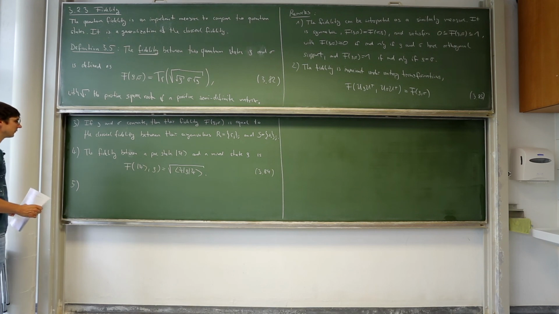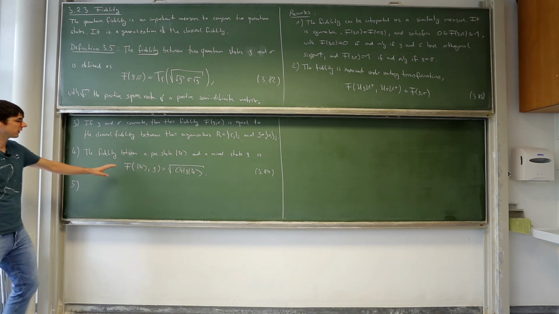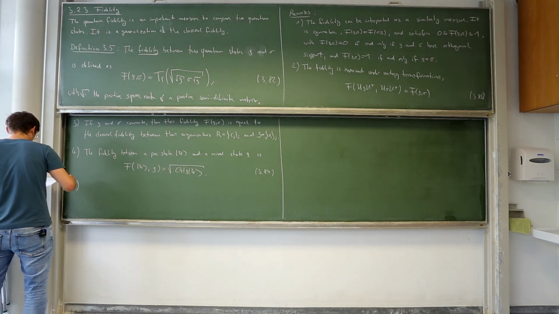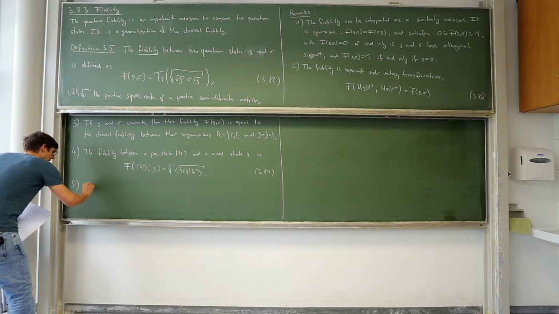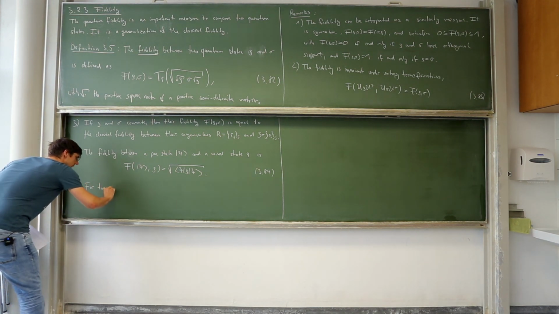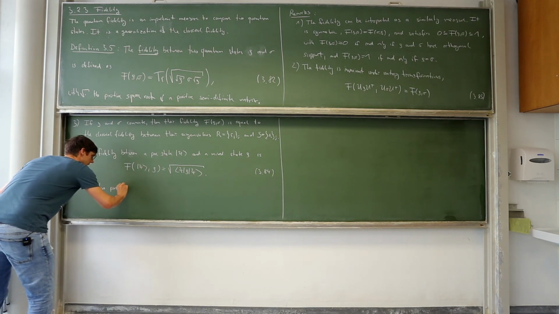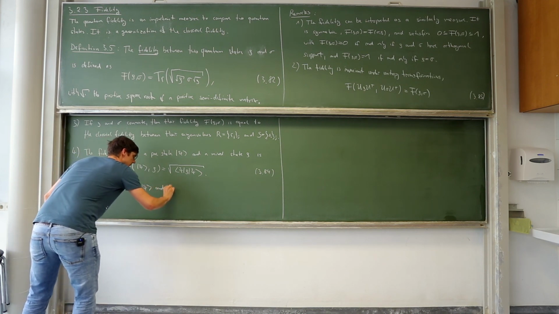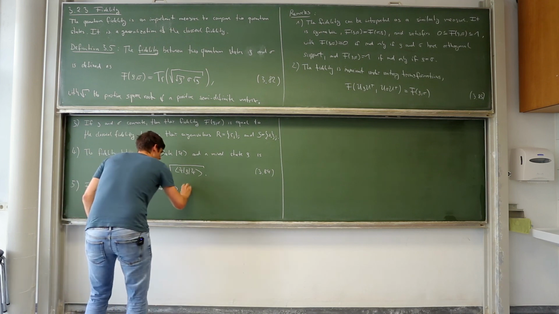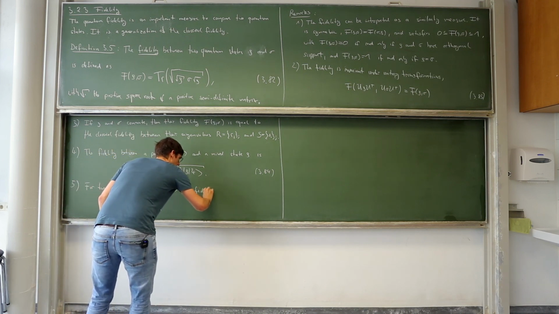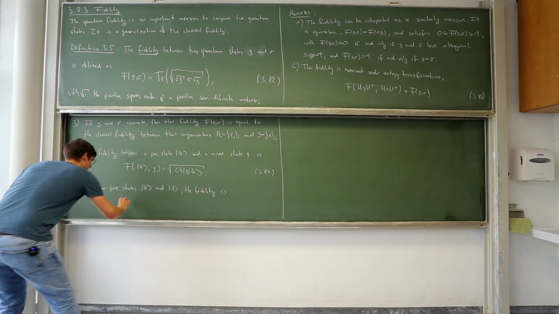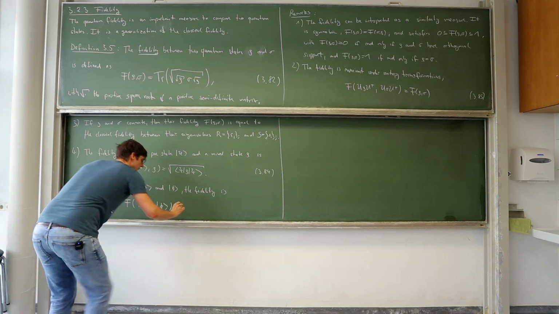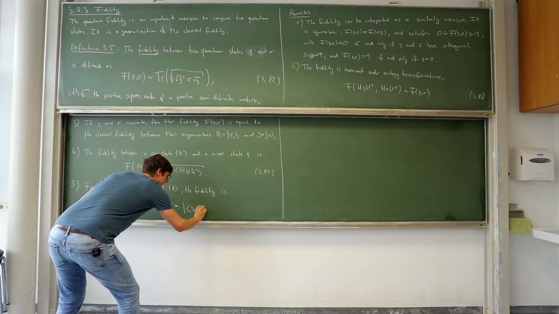And then the fifth remark is what happens if we compare two pure states. Then it gets even simpler. For two pure states, psi and phi, the fidelity is F(psi, phi) equal to the modulus of the overlap of psi and phi.